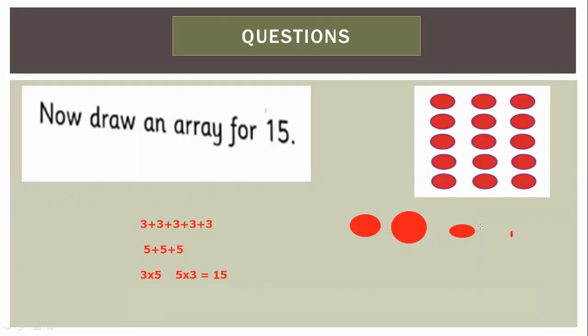You can make it in 5 columns and 3 rows. In each row, I'm going to make 5 circles.